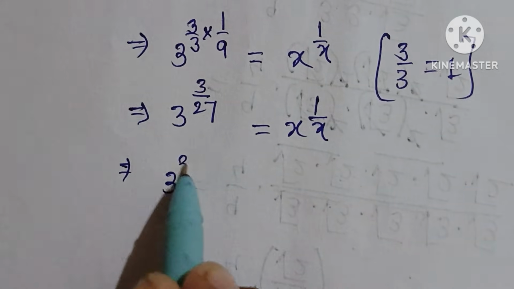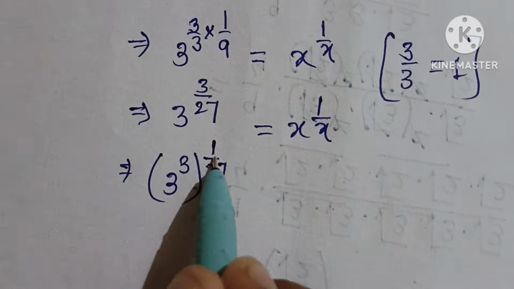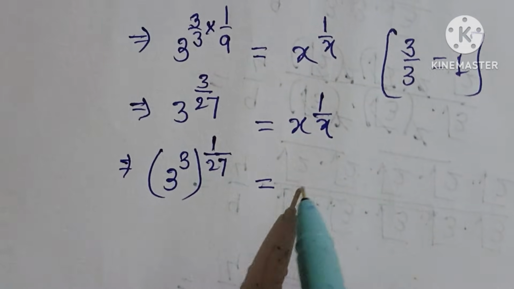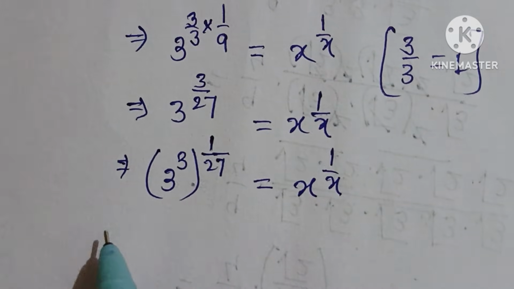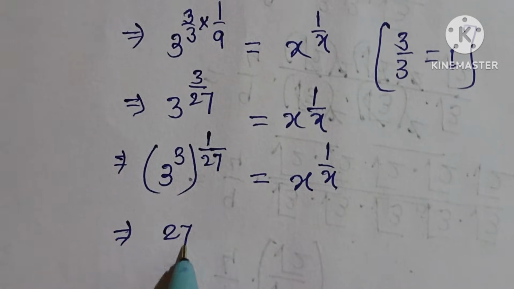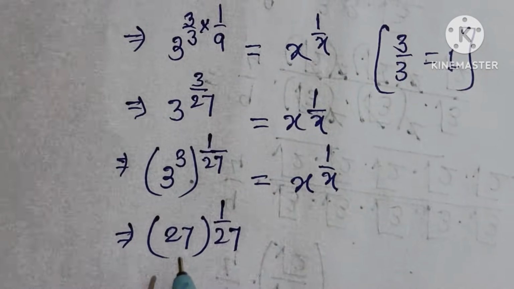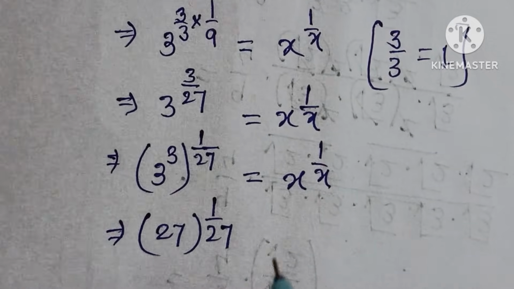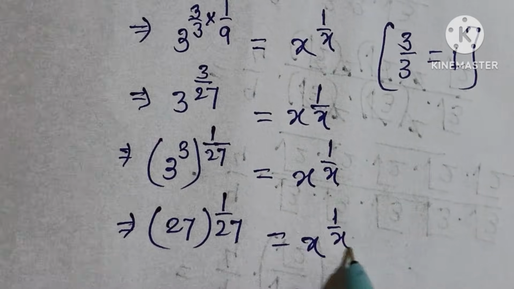Take here 3 raised to the power 3, raised to the power 1 by 27, equal to x raised to the power 1 by x. So here we write cube of 3 is 27, raised to the power 1 by 27 equal to x raised to the power 1 by x.